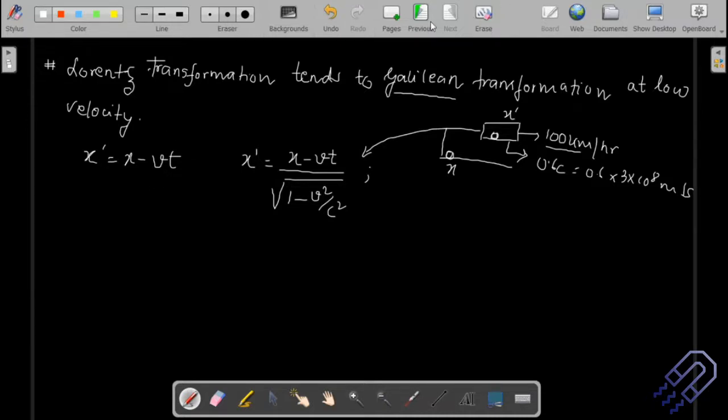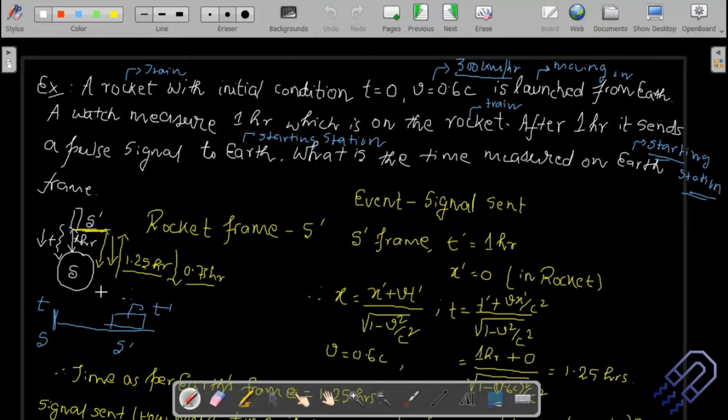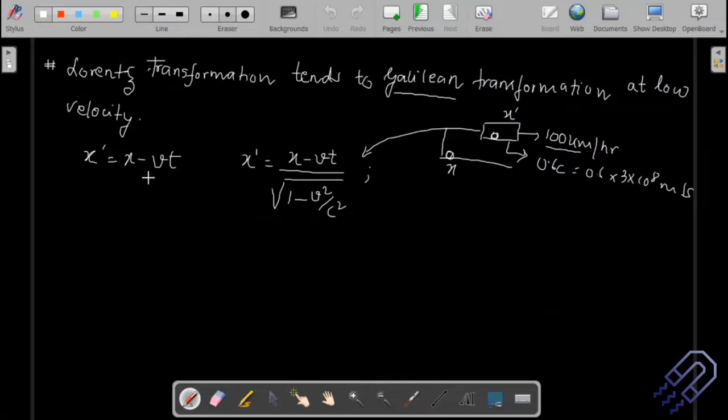If you go to the previous problem and check, it's actually 0.6 c, so we are using this formula here. But if I'm mentioning a train at 300 km per hour, even if you use this formula, you will get an answer similar to the one from the Galilean transformation.